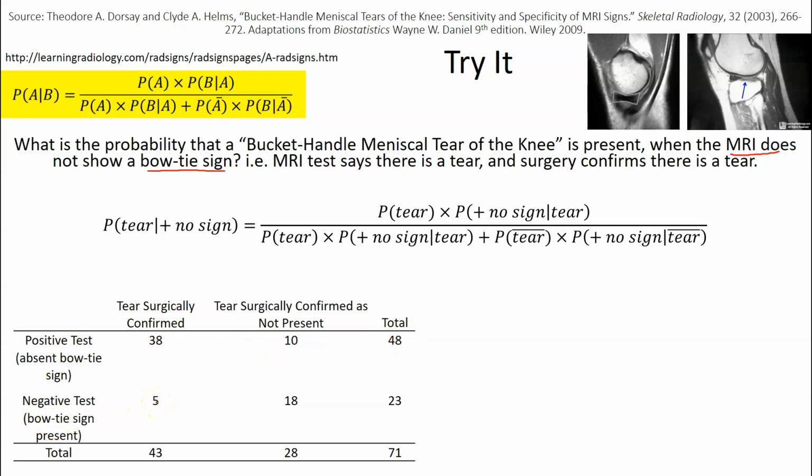The MRI said no, they didn't have it, and when they had surgery, it also said no. Okay, so we've got totals there. What I'd like you to do is try this. I've got things mostly filled in here. Take a look at the table, pause the video, and see if you can come up with the probability of a tear given positive bow tie sign.